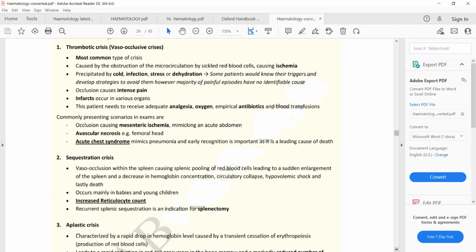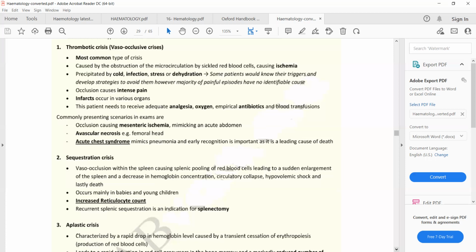Vaso-occlusive crisis can cause avascular necrosis of the femoral head, and it can cause acute chest syndrome if it blocks the microvasculature of the lung. So if someone with a history of sickle cell disease presents to you with features of pneumonia, you will suspect acute chest syndrome.